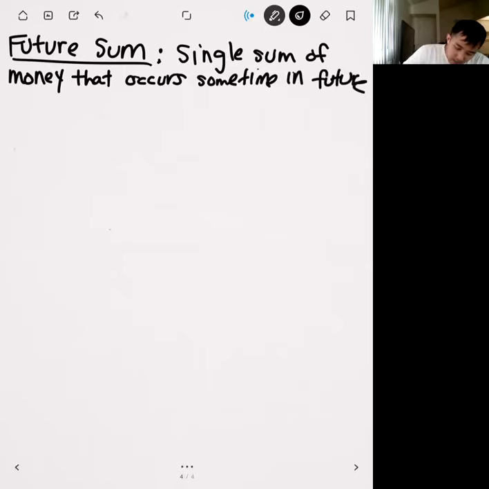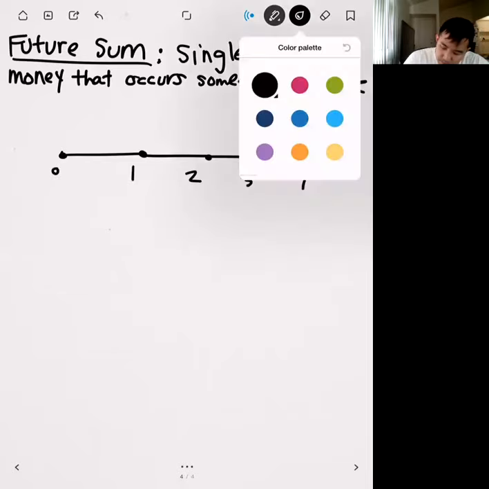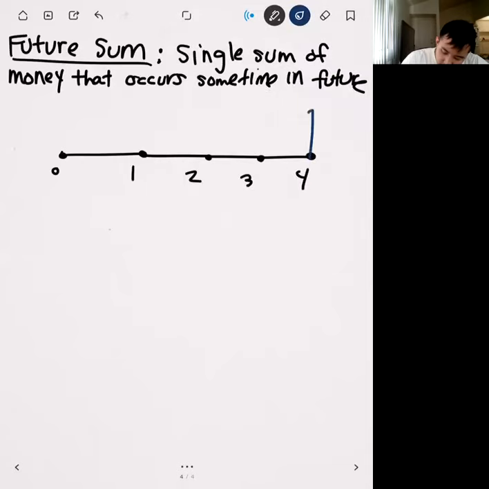So we can draw a cash flow diagram, and we have a future benefit right here. We'll give that the symbol F.